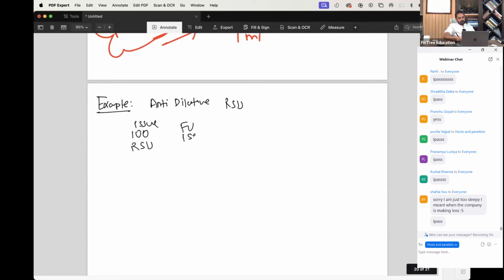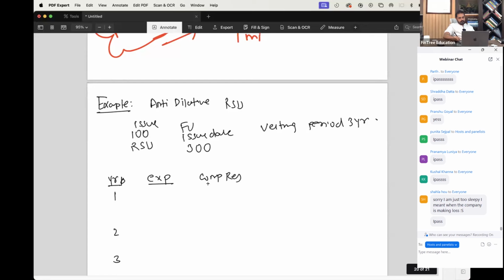Fair value on issue date, some random number, let's say 300. Vesting period 3 years. Now this is year 1, 2, 3. The expense that I recognize, comp reserve and unrecognized comp reserve.